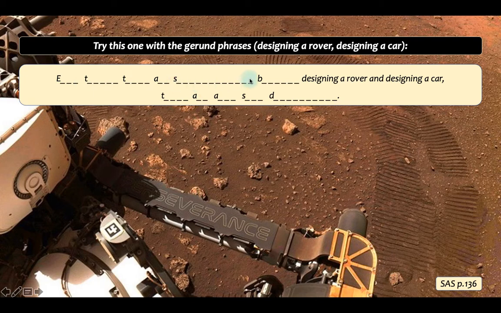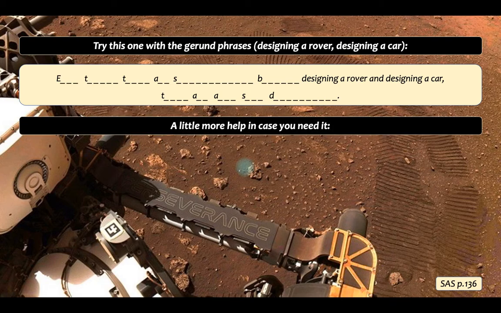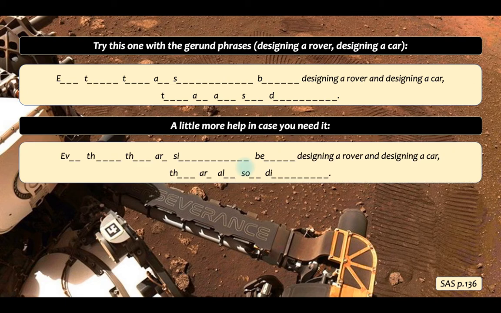And we have our long S word and our long D word, and I think you know this B word. Go ahead and pause if you want to try to solve it on your own. If you feel like you need a little more help, I've put in the second letter of every word.